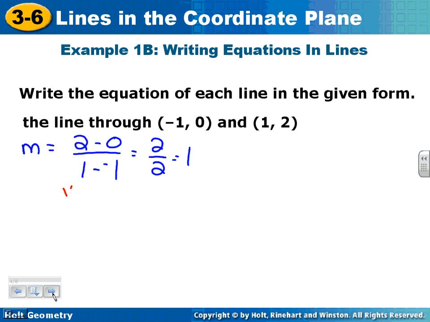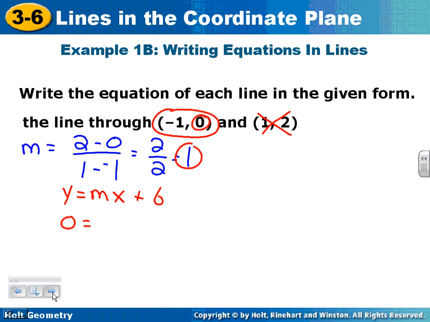So then I'm going to use this form, y equals mx plus b. It doesn't matter which point I use for my y and my x. I'm going to use this point right here instead of that point. So y is this 0, so 0 equals, m is this 1, times x, which is the -1 from the point, plus b.